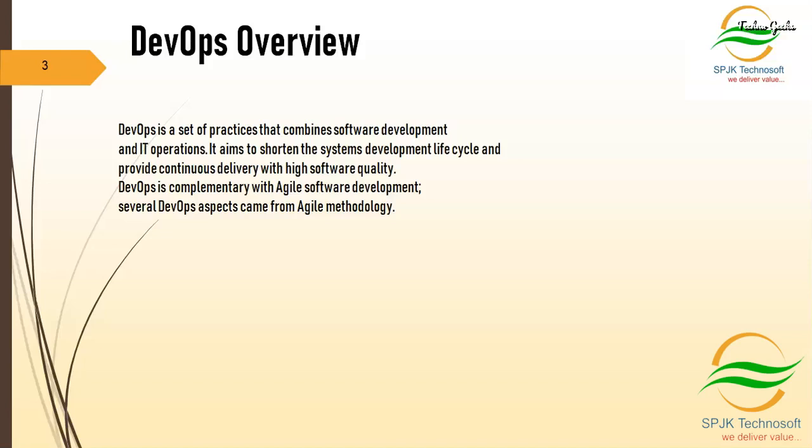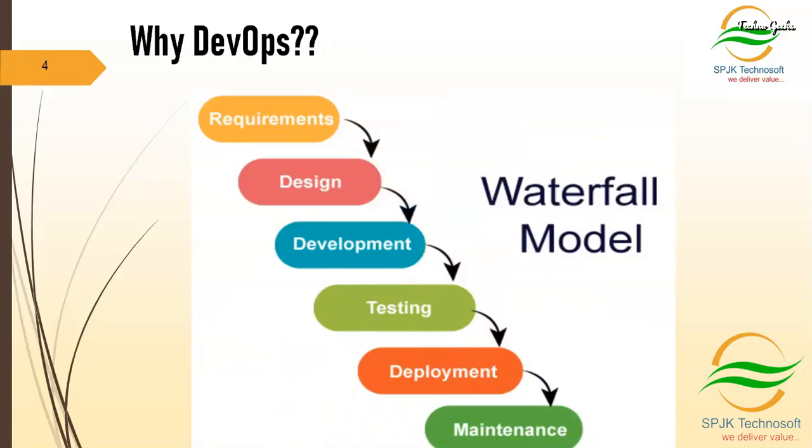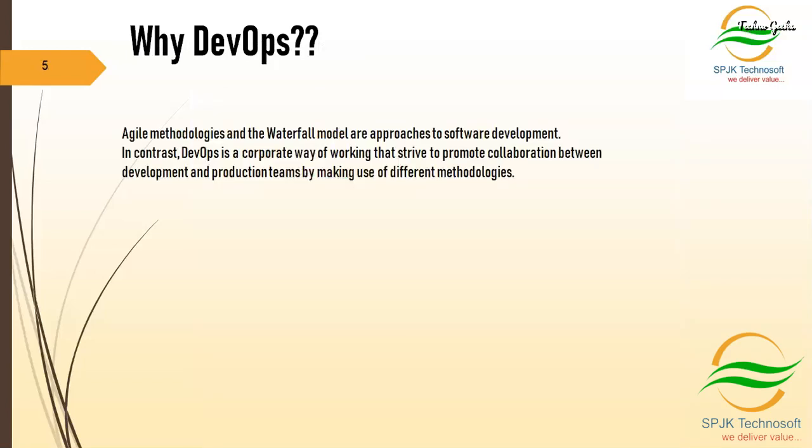DevOps is part of the Agile product delivery competency of the lean enterprise. So we have seen why not the waterfall model, what its disadvantages are, and why we choose DevOps. Agile methodologies and the waterfall model are both approaches to software development, but as there are disadvantages in the waterfall model, we select Agile methodologies for DevOps.